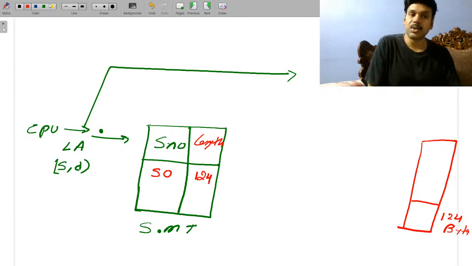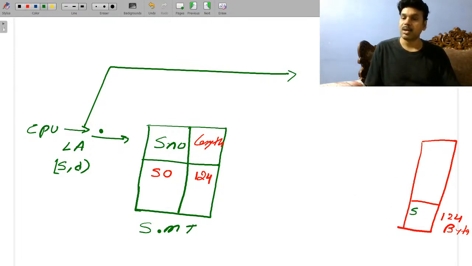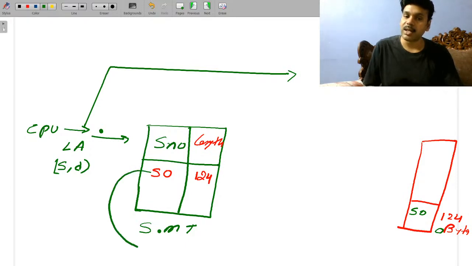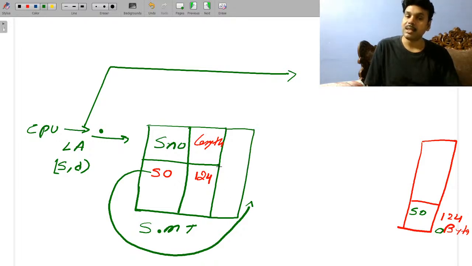This is reserved only for that segment, and the remaining is reserved for others. This is 0 to 124. So I understand that S0 is available, and it also gives one more value, that is your starting address. Let's say my starting address is 0.